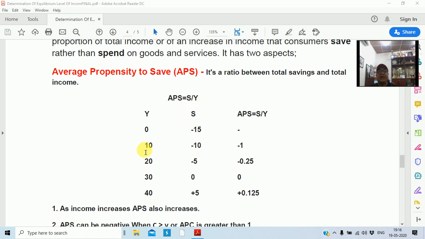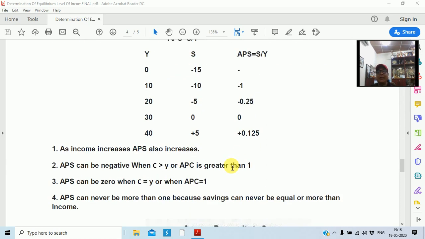Minus 10 divided by 10 is minus 1. Then minus 5 divided by 20 is minus 0.25. Then 0 divided by 30 is 0. And then plus 5 divided by 40 is 0.125.